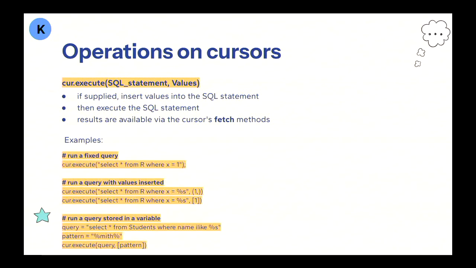So here are some examples. For the first one, the values parameter is optional. If we don't specify any values and just specify a single statement, it is okay, it will run it. And if we want to modify the statement dynamically, we can supply some values to the statement.